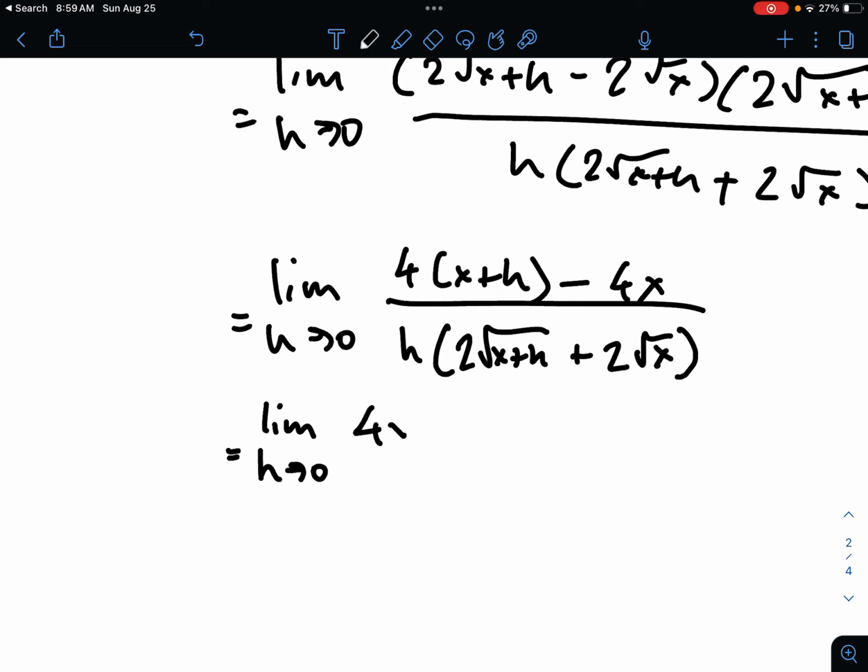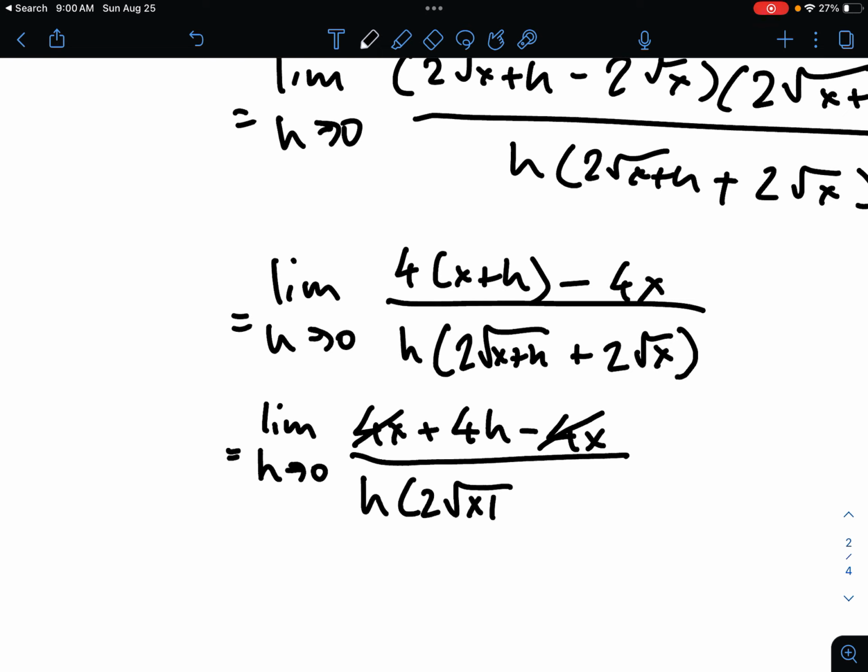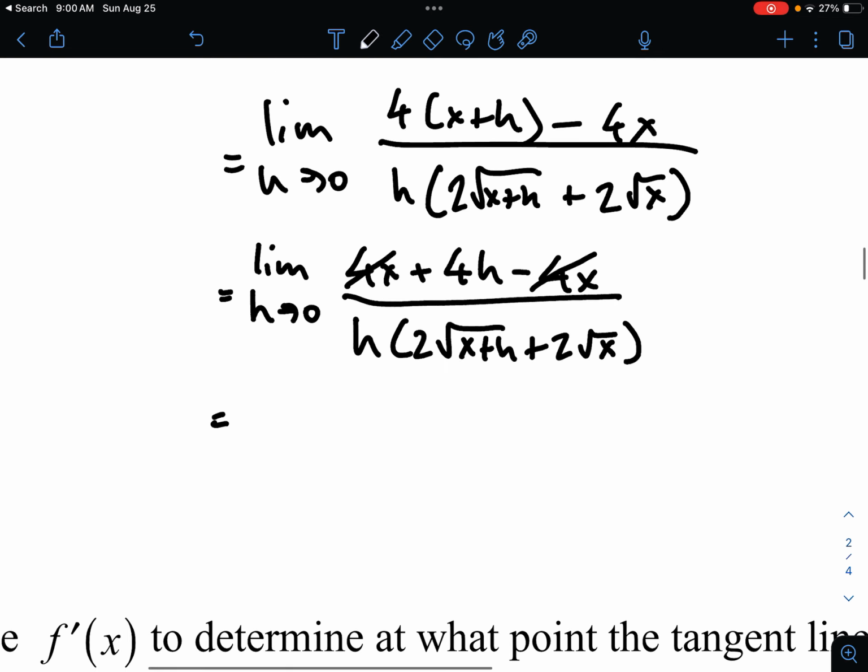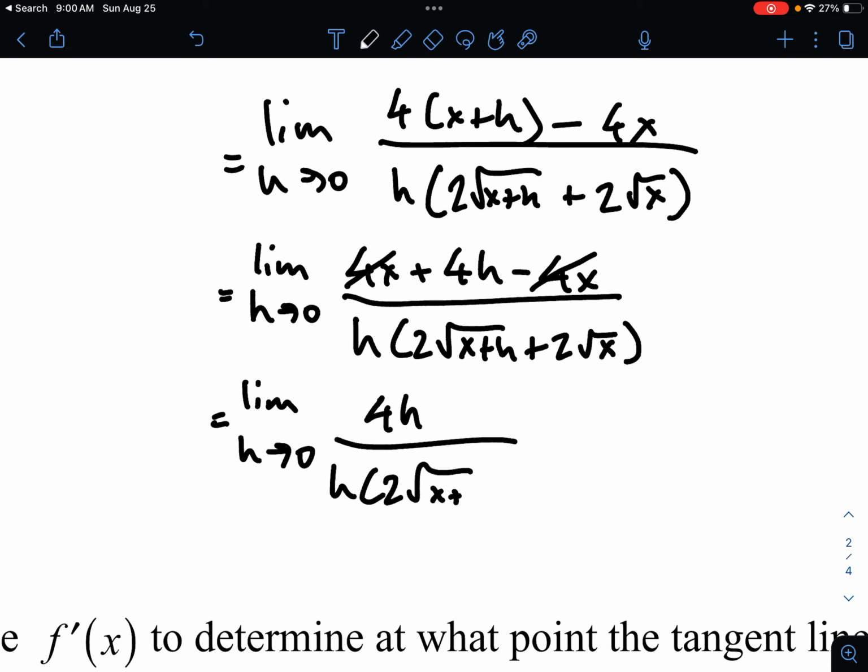So I get 4x plus 4h minus 4x. Great, the x's cancel out. Okay, limit as h approaches 0. We have 4h over h, 2 root x plus h plus 2 root x.